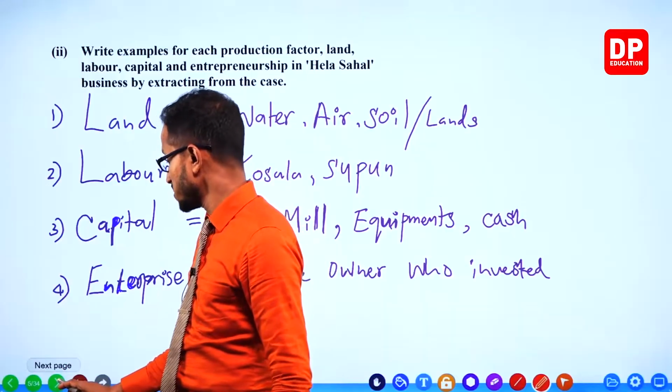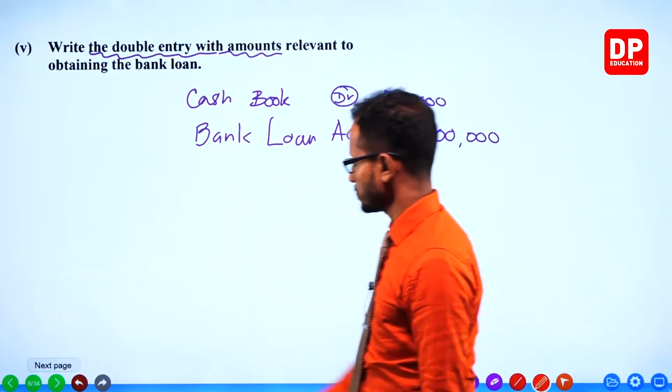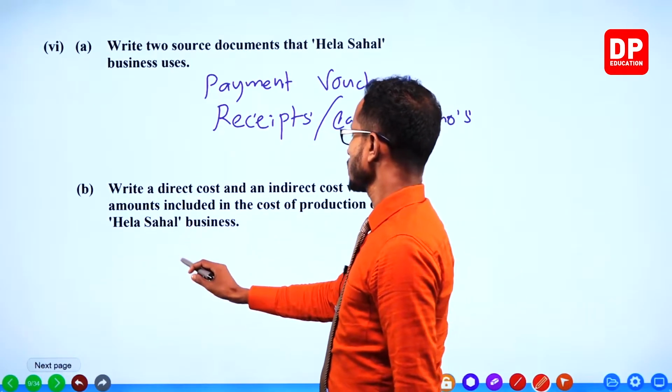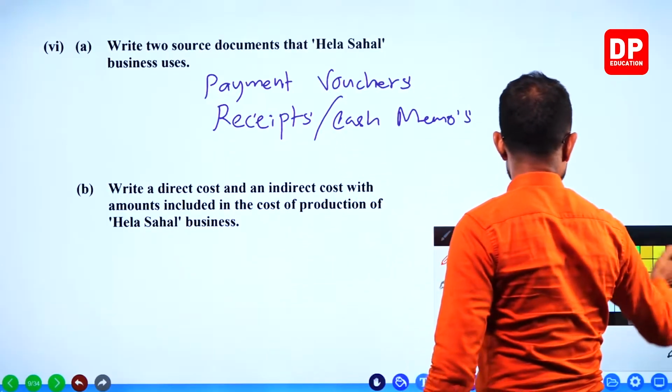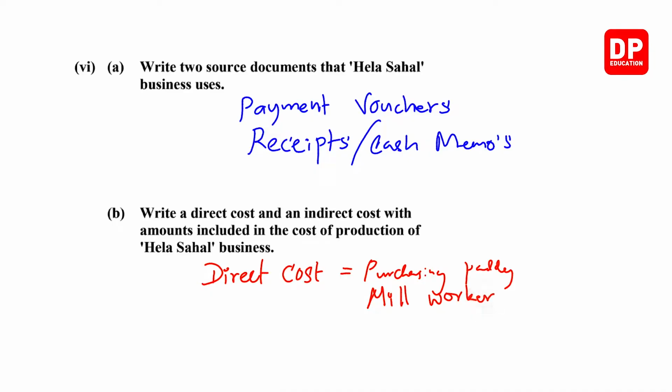You can write those things as your answers as soon as you find them. Direct cost: purchasing of paddy. Mill workers, the workers of the mill, salary.